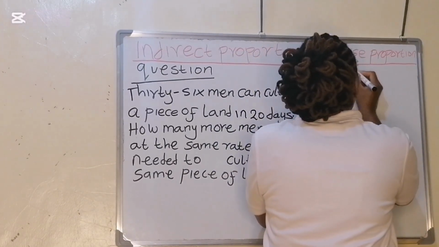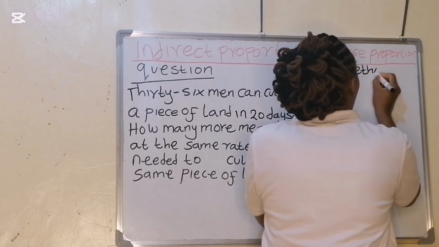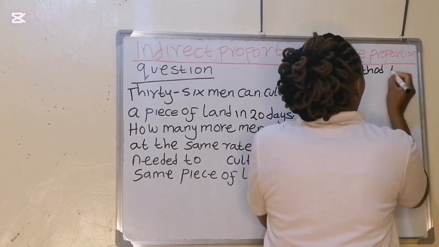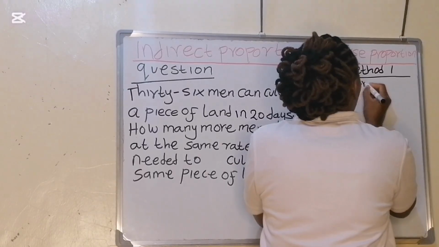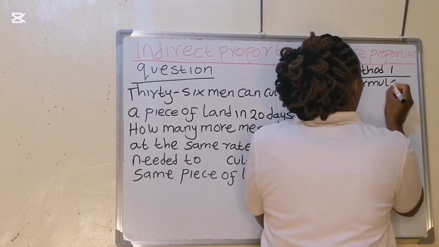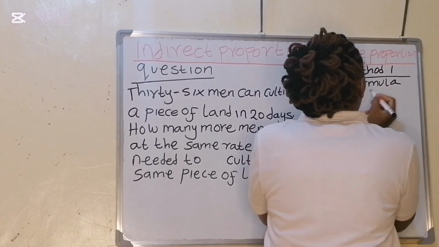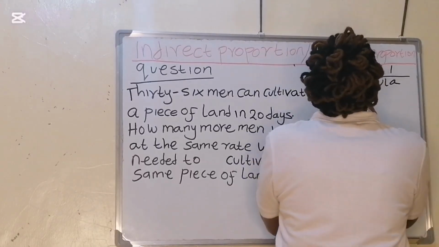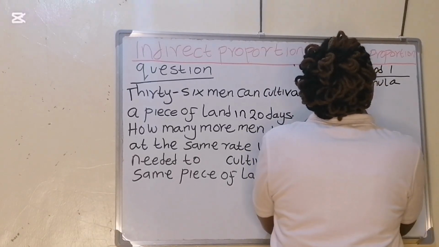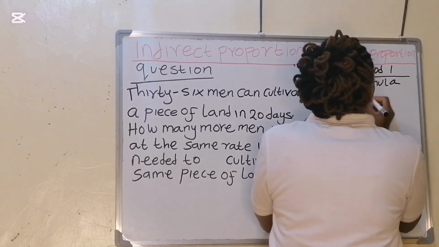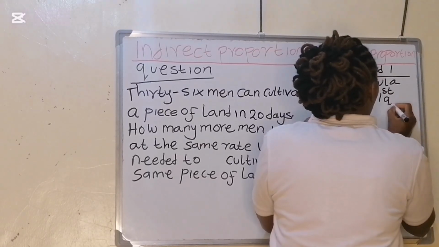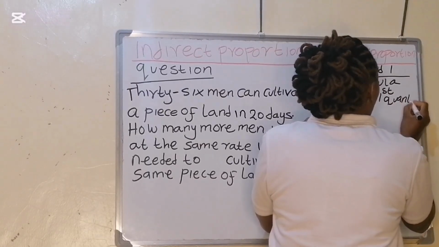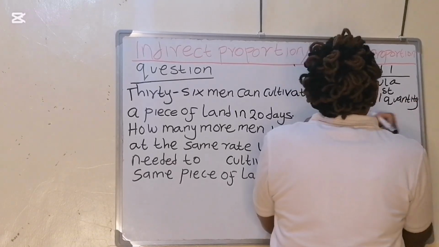I'm starting with method 1. I will do method 2 also. Method 1. Let me write the formula, then I'm going to explain, although I did explain when I was doing the first one. The formula is y is to x is the first quantity, or the first ratio.